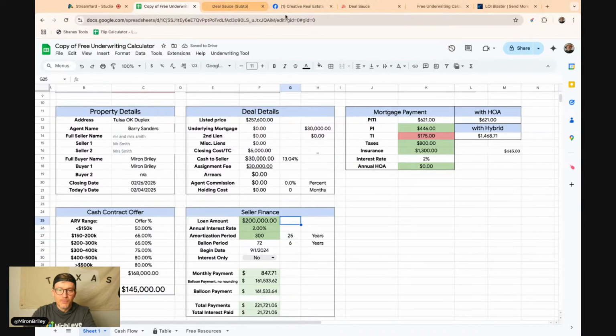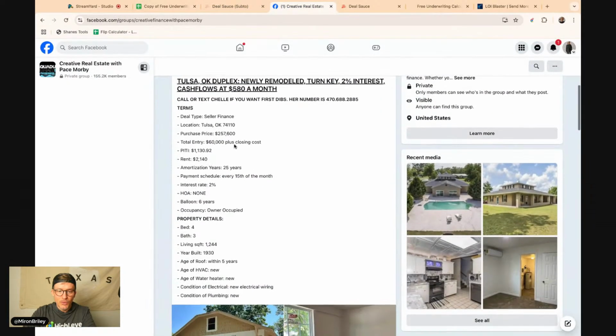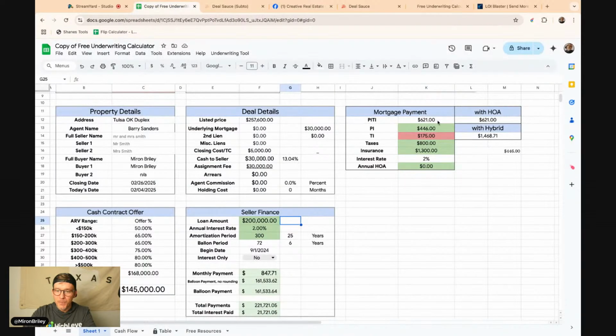Hmm. Y'all, what am I missing here? Purchase price 257, total entry 60, PITI 1130. I wonder if he means PI. Let me go back and look at my PI. My PI is only 4. Oh wait, I'm going to get rid of that. That's the problem.